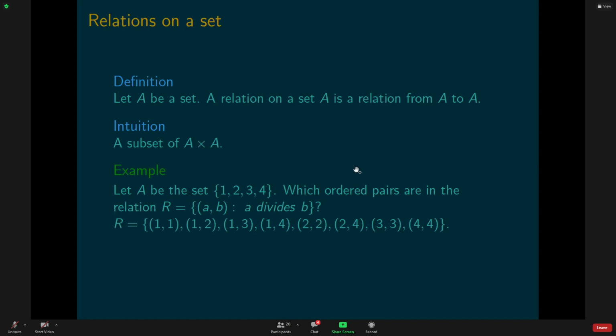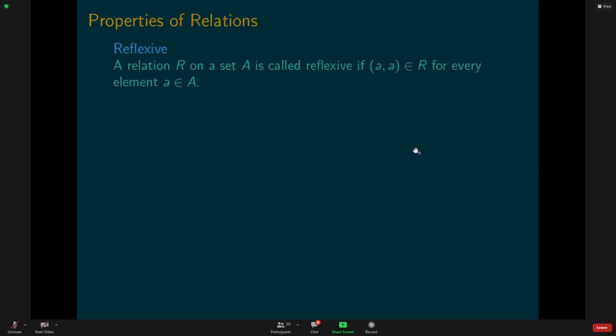Yes, of course I forgot 1 divides 1, 2 divides 2, 3 divides 3, 4 divides 4. Right? Or you forgot it? Yes. So let's say this can be in the exam question.